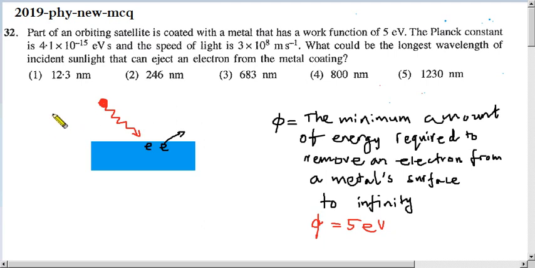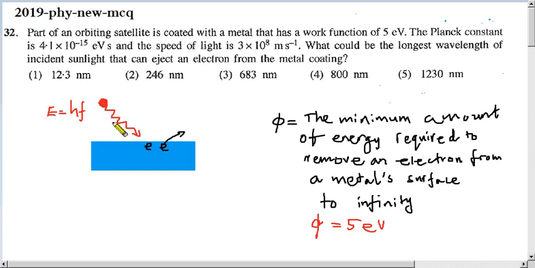So what is the energy of this photon? We know it is given by E equals hf. So hf is the energy that this photon has.